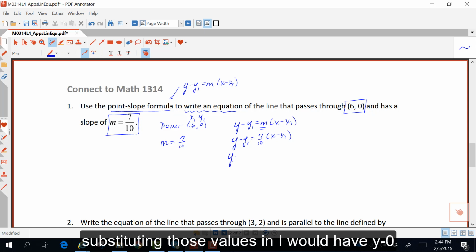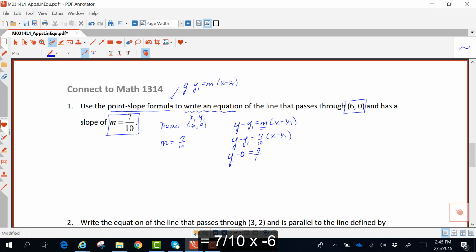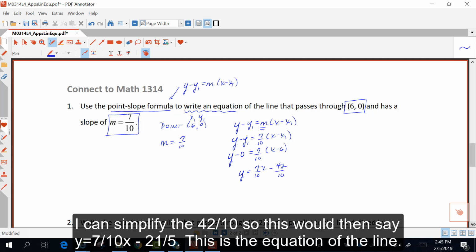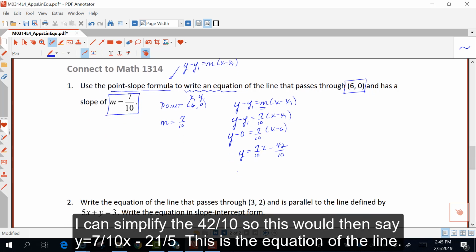Substituting those values in, I would have y minus 0 equaling 7/10 times x minus 6. Or this could be written as y equaling 7/10 x minus 42/10. I can simplify the 42/10, so this would then say y equals 7/10 x minus 21/5.